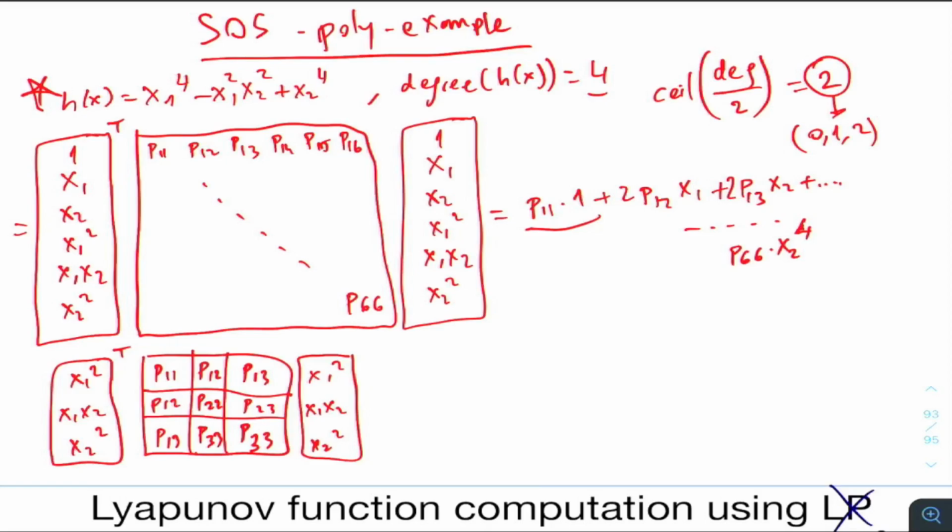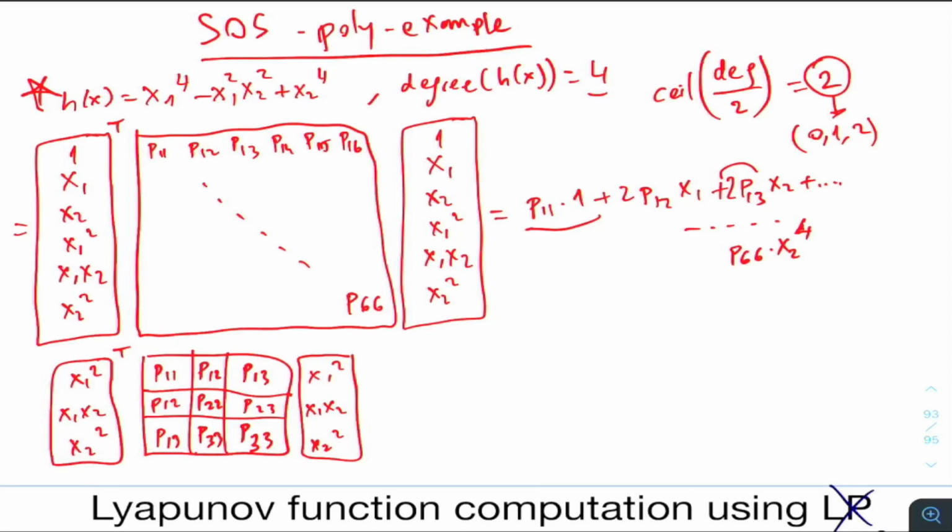Okay, so here the 1 comma 3 entry, and since this is a symmetric matrix, 2 times P13, right? And then what are the basis terms corresponding to that? 1 comma 3, entry 1 and entry 3, so x2.